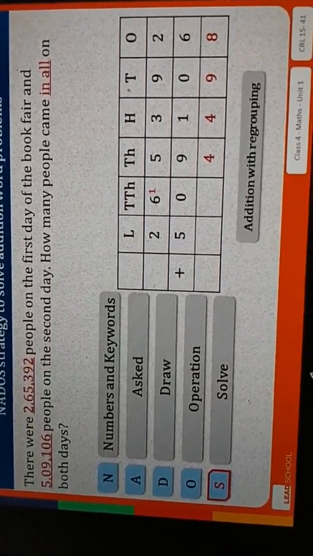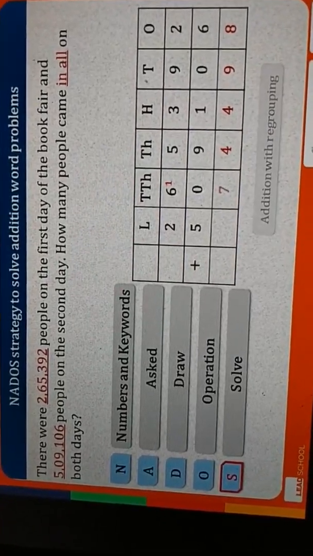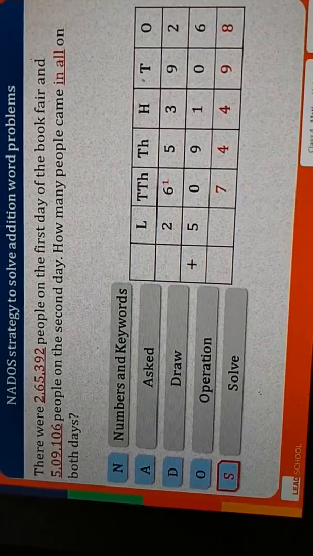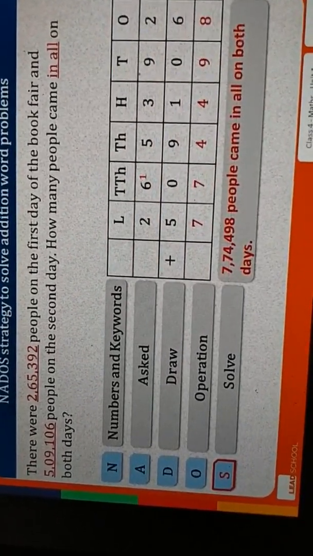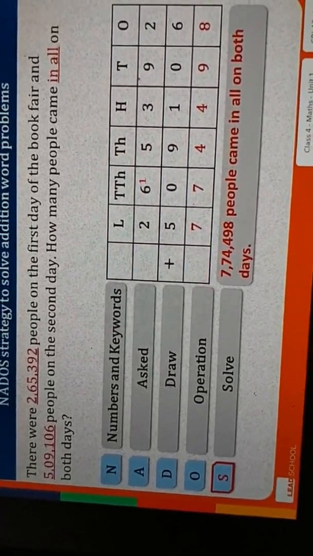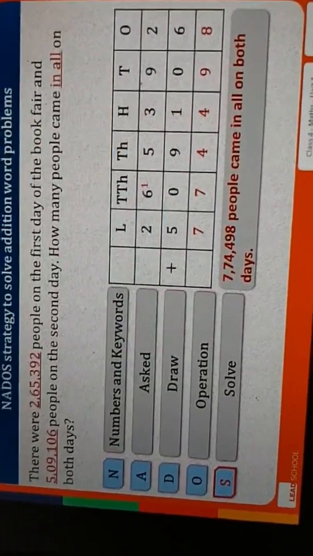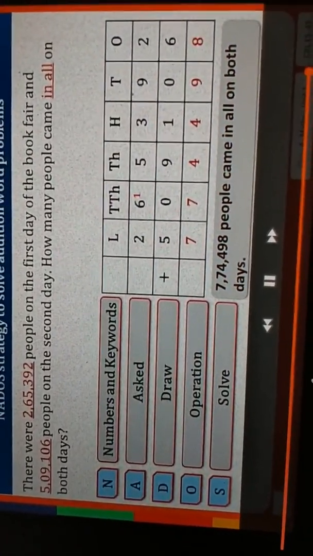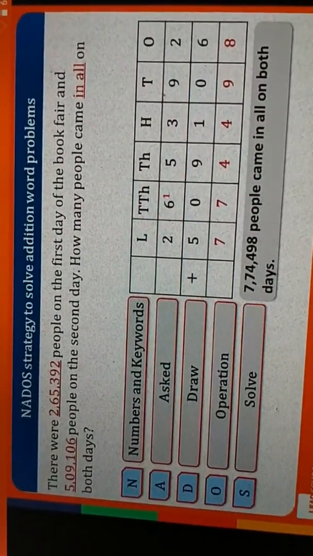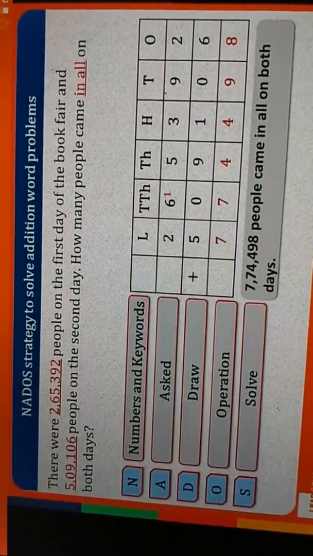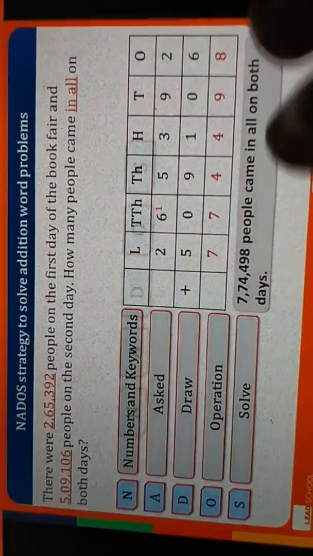Correct. It is addition with regrouping or addition with carryover. Next, we get 7. 7. Therefore, 7,74,498 people came in all on both the days. This is how we solve the problem using Nado's strategy. So students, you can now use Nado's strategy to solve problems even if the operation is not mentioned.